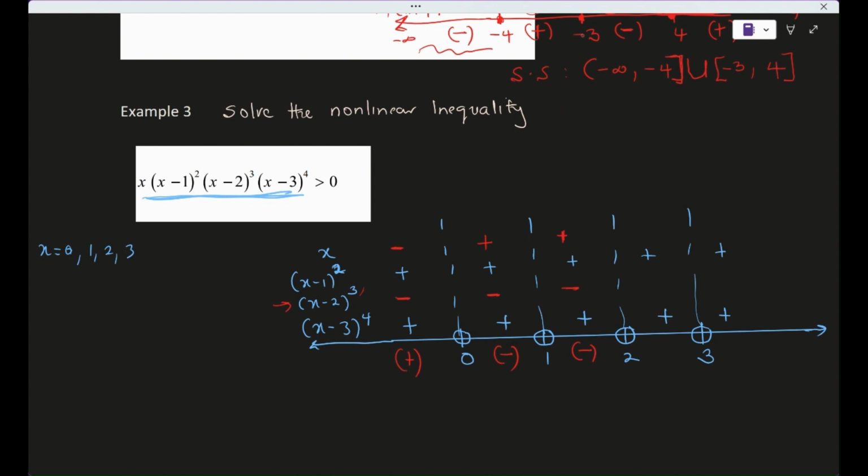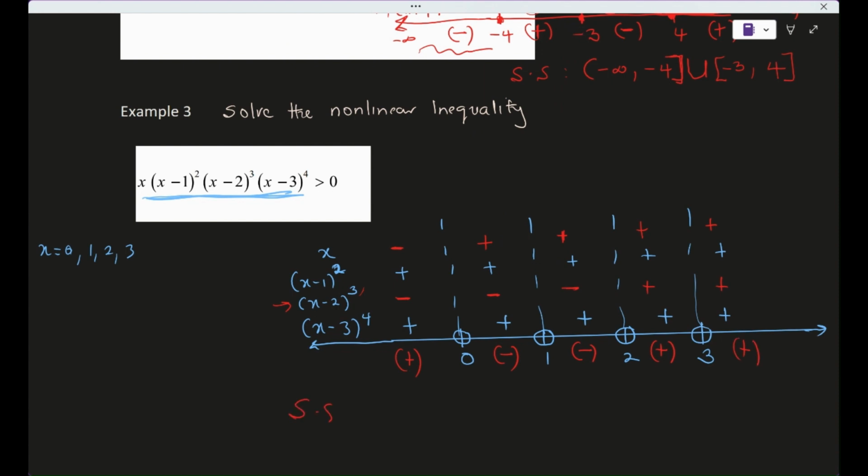Now, here we have what? We can take 2.5. If you take 2.5, here is positive, surely. 2.5 minus 2 is positive, so here is going to be positive. So here is still positive. Then we can take 4. This is positive. This will be positive, and everything will still be positive.